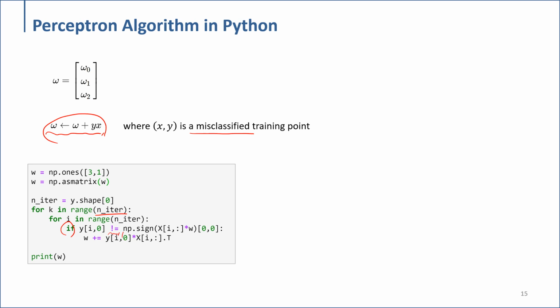If it is misclassified, meaning the true value and the predicted value are not the same, then we update omega to omega plus y times x. This is all the Python code for the perceptron algorithm.